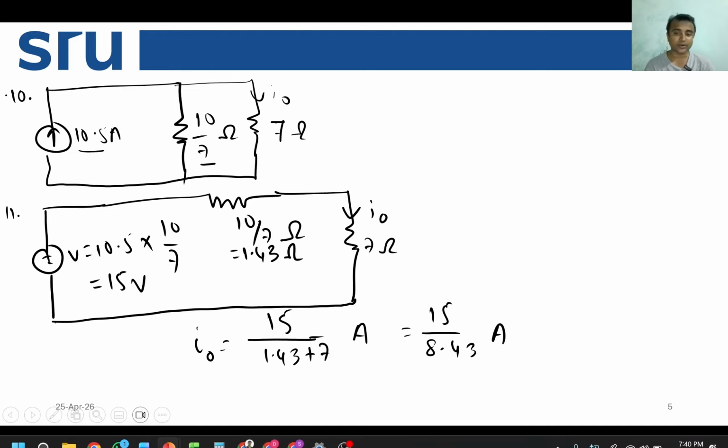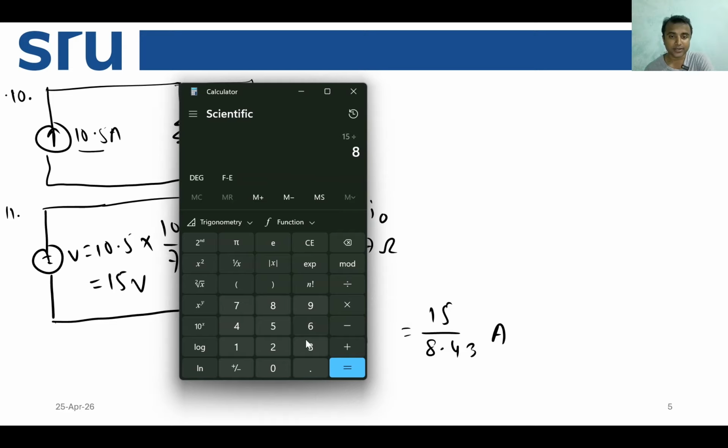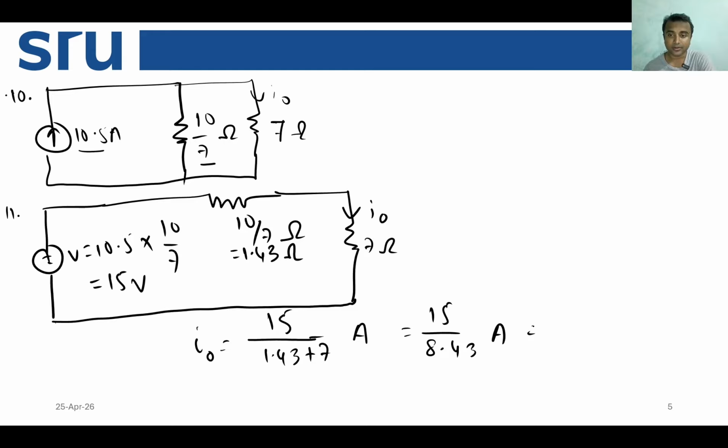So let us calculate that. Let's say 15 divided by 8.43, which is given by 1.78 ampere, and that's the answer.